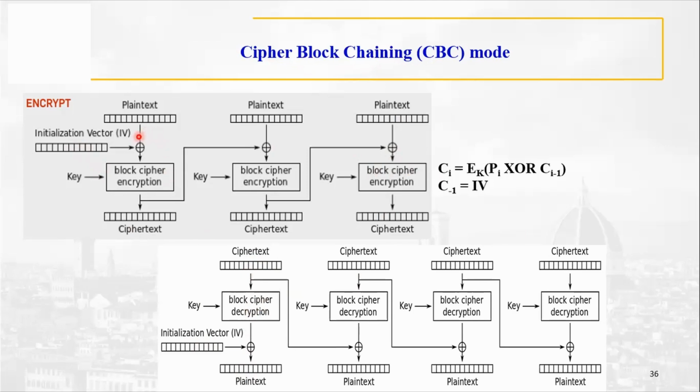So you do the exact reverse in the decryption, but the chaining operation will be the same. The ciphertext is going to be XORed with the plain text, just like this. So this is how the cipher block chaining takes place.